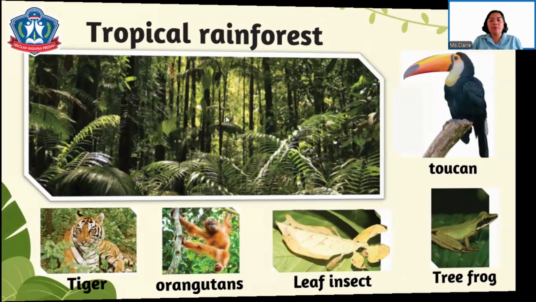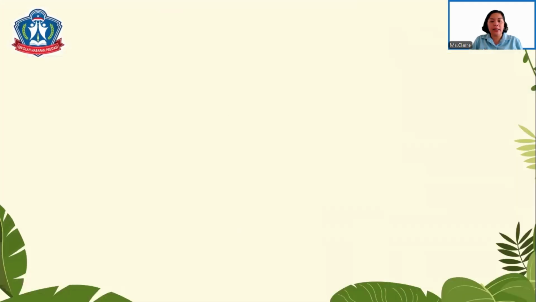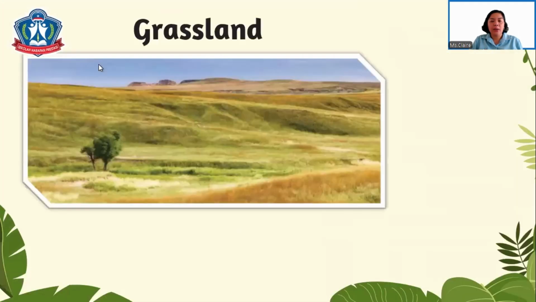Another type of habitat here is the grassland. Take a look. Grasslands are wide open areas where mostly grass and flowers grow. Animals here are suited to live in the large open spaces. Can you name some animals that live in grassland?